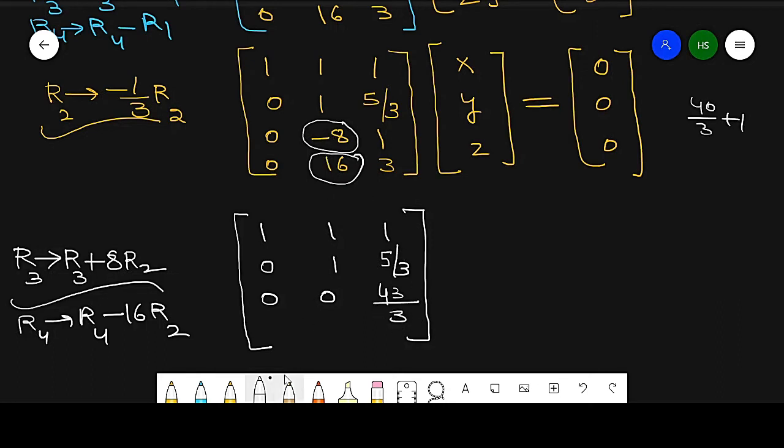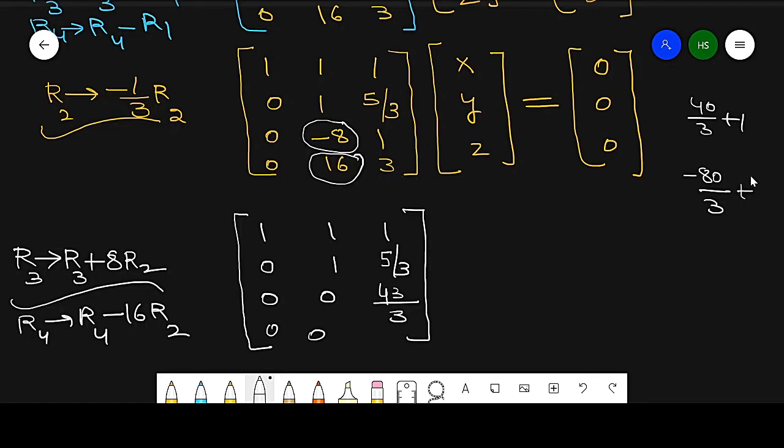Now the next row is again 0 0, and the third term: multiply by minus 16, so minus 80 by 3, and then plus 3.